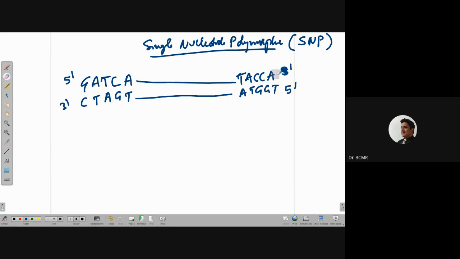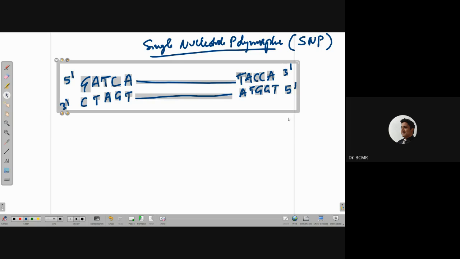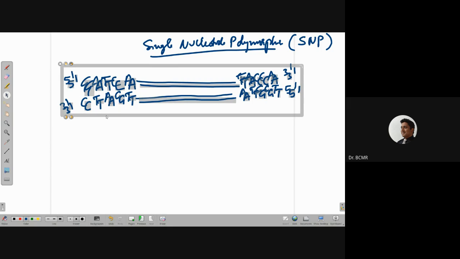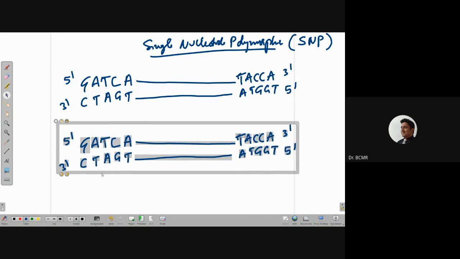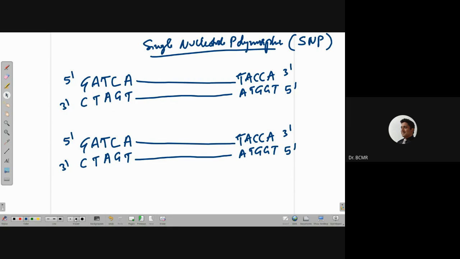Now there is another DNA, almost the same thing, except there is one difference, here. What is the difference between these two alleles?